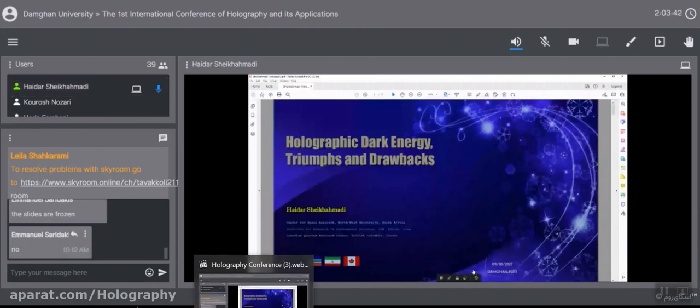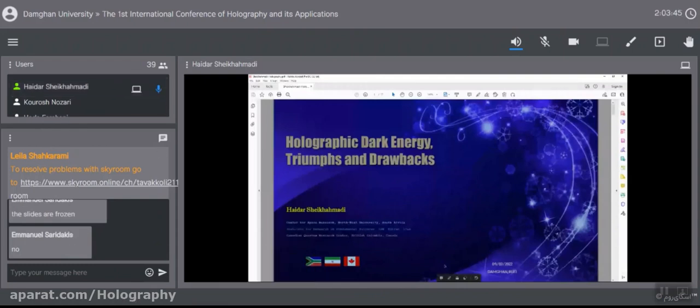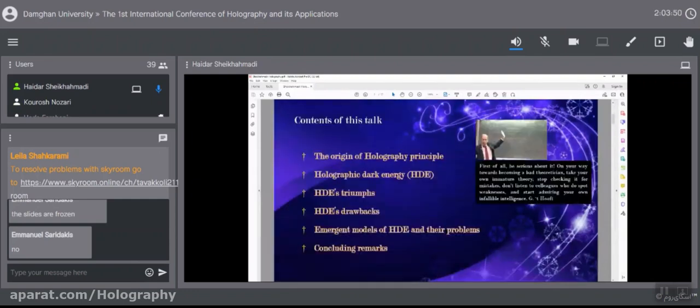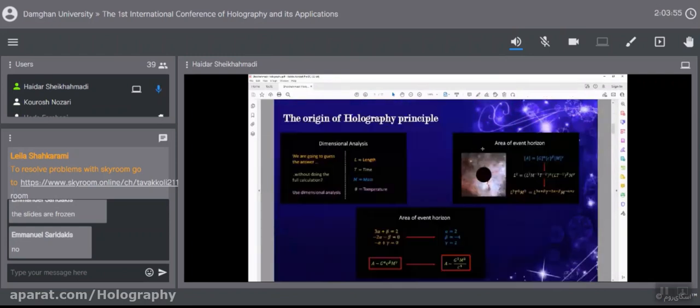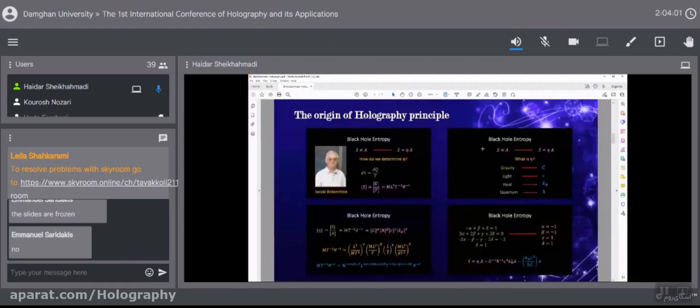Okay, for the friends, since my slides were frozen, quickly I can click on this PDF format of my slides. Here I wanted to obtain a relationship between the area of a black hole and the entropy of the black hole using dimensional analysis, and considering the Bekenstein proposal, I obtained such relationships between the entropy and the surface of the event horizon of the black hole.